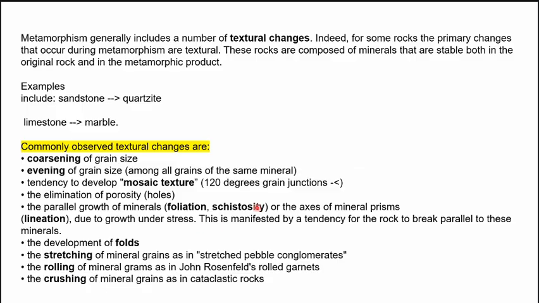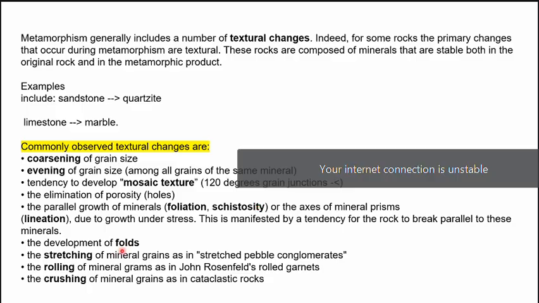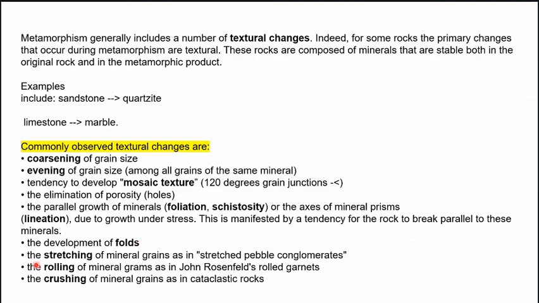Which we've explained. Foliation is another thing that happens during metamorphism. You have folding. Folding takes place. I've already explained that in the first class. You have stretching of minerals taking place during metamorphism. You have rolling of mineral grains. I should have shown you when I was showing you the garnet minerals.